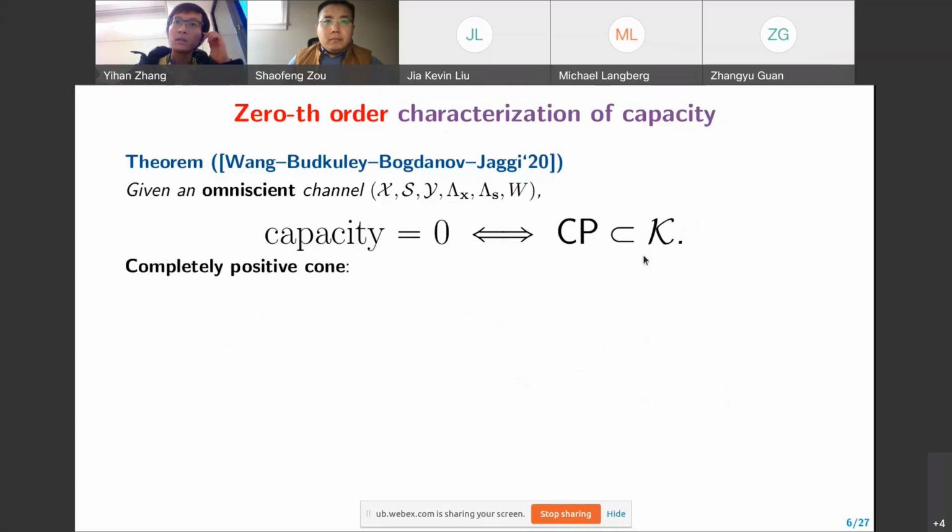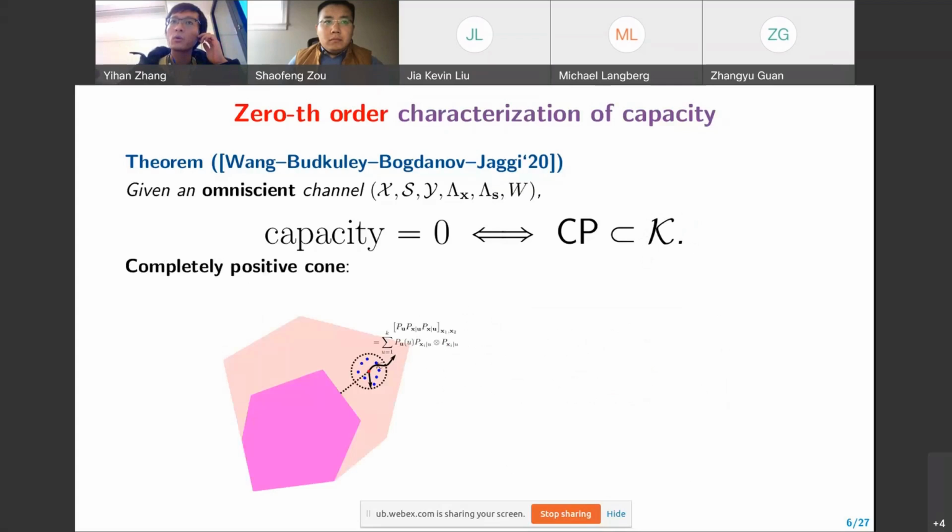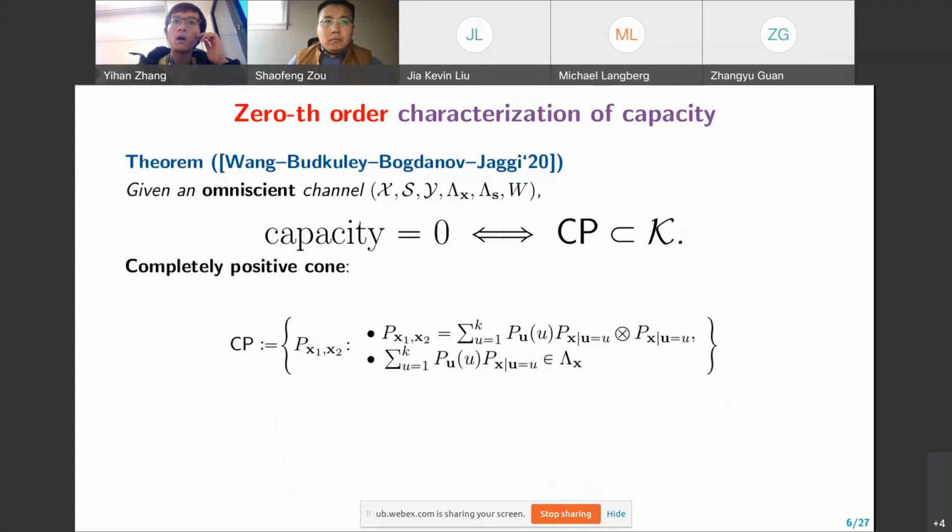Now, what's the left-hand side? This is some special set of distributions, which I call good distributions. Actually, they have a name, called completely positive distributions or matrices. They look like this. They are convex combinations of product distributions. It's not too hard to see that if I have product distributions, then it's easy to construct good codes from them, just because we like sampling codes IID from certain distributions.